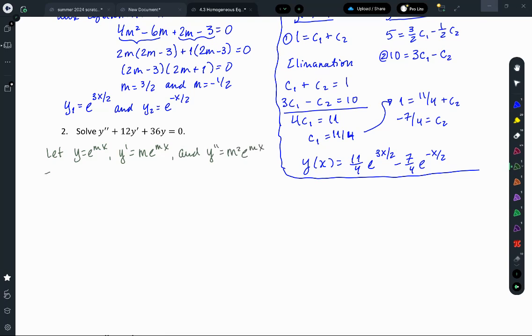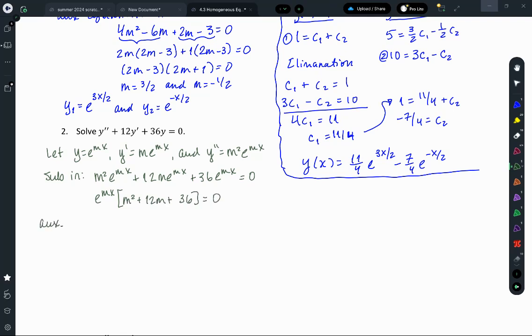And then we're going to sub in, and we get y double prime is m squared e to the mx plus 12y prime, so it's 12m e to the mx, plus 36y, so that's 36 e to the mx equals 0. I can factor an e to the mx out of here. That leaves behind an m squared plus 12m plus 36 equals 0.